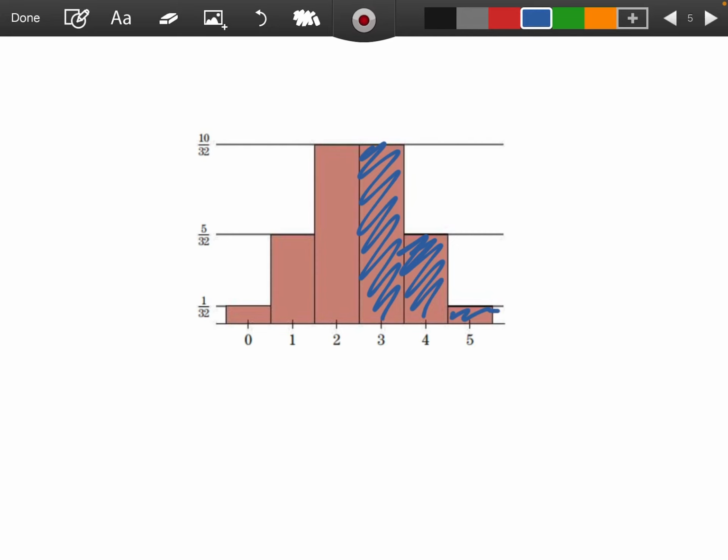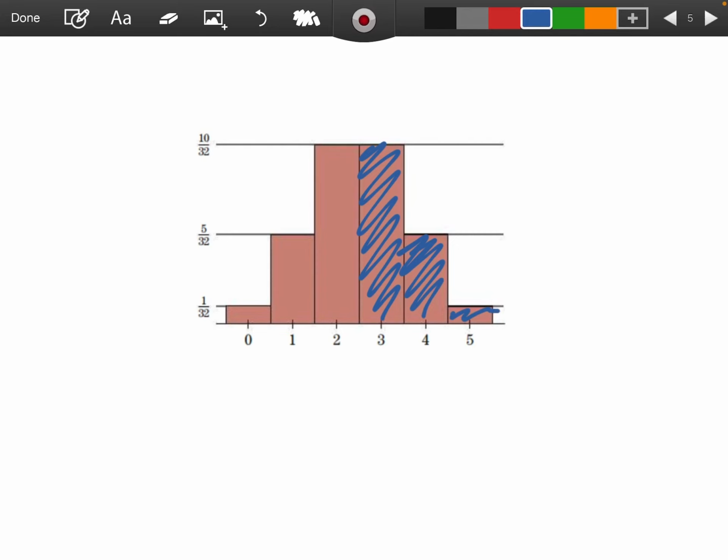So the probability of having 3 or more heads would be the probability that I had 3, 4, or 5 heads. So I just add together the areas for those particular outcomes. Again, each one of these has a width of 1, so figuring out the area of that rectangle is easy. It's just going to be the height.